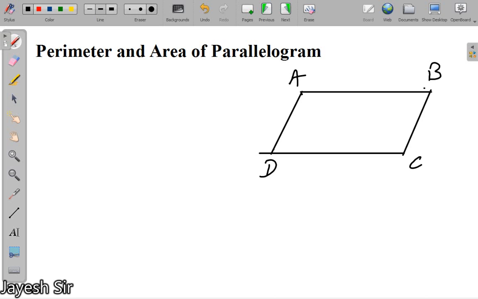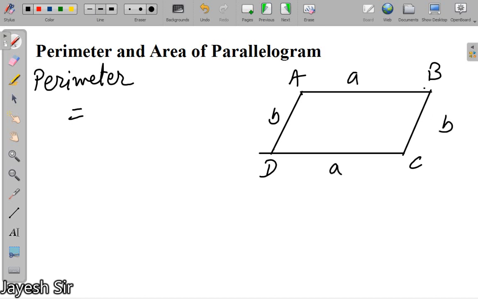Now the perimeter and area of a parallelogram. Its perimeter is equal to the sum of all sides. As I discussed, the lengths of opposite sides are the same.